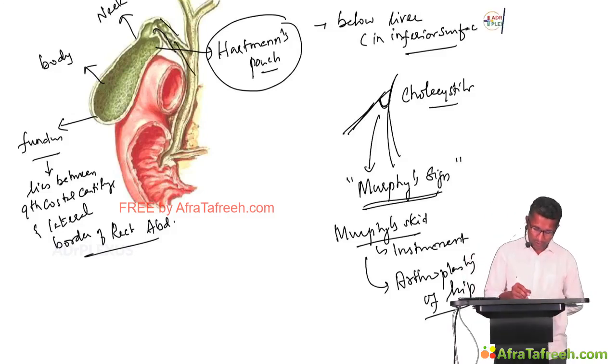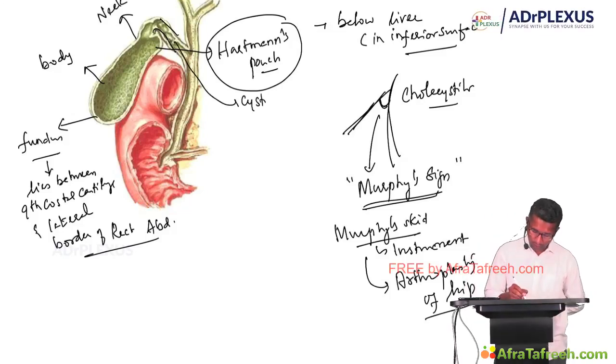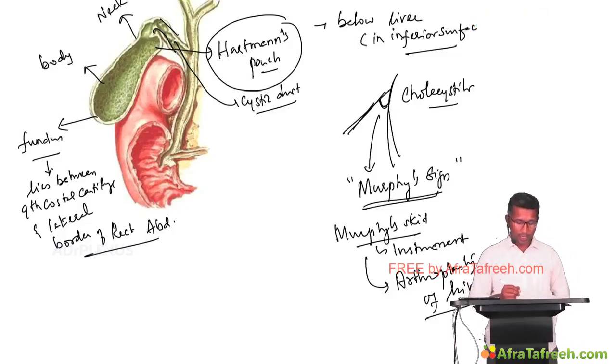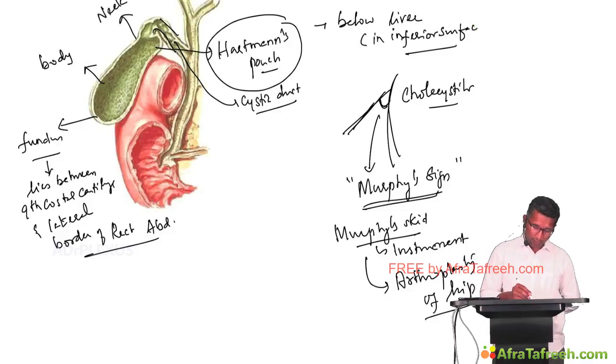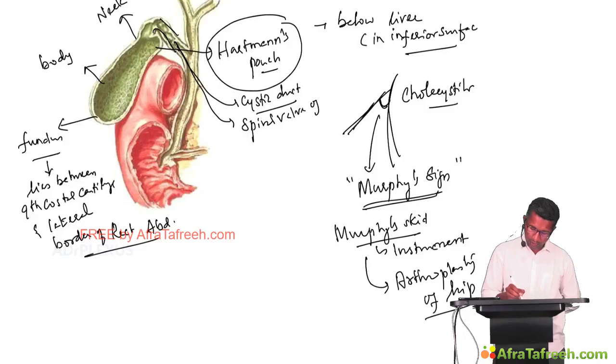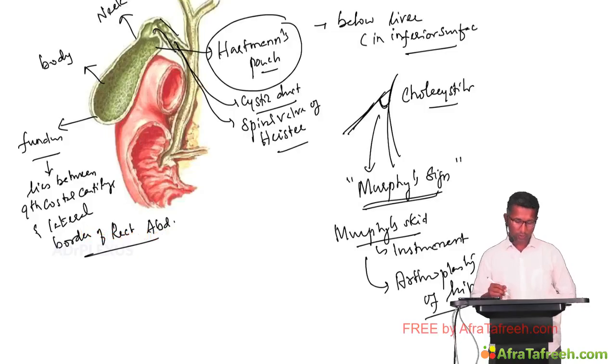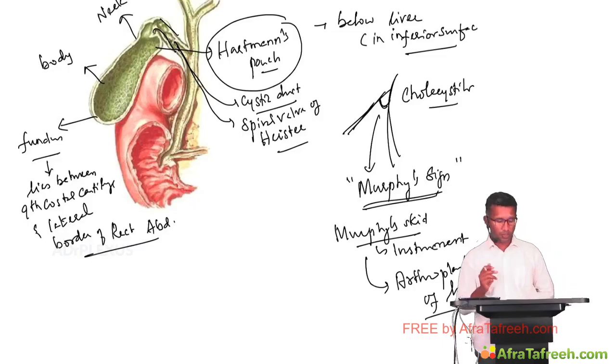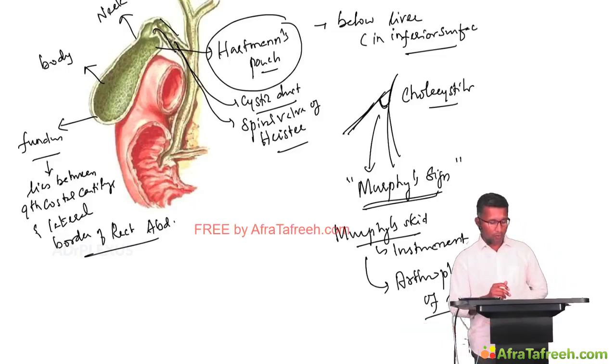This duct is called the cystic duct, and it is lined by a spiral fold of mucous membrane that is called the spiral valve of Heister.